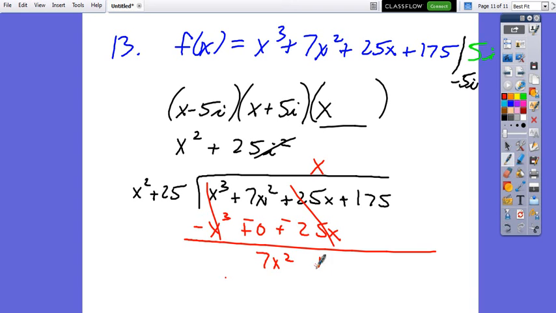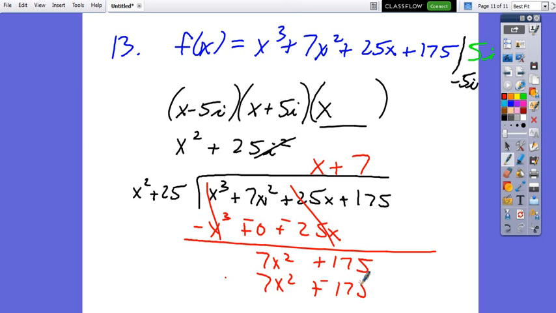All right, it's going to work out so nice. Now I take 7x squared and divide it by x squared. What's left? 7x squared divided by x squared is 7. 7 times x squared is 7x squared. 7 times 25 is 175. And subtract. And I'm done.